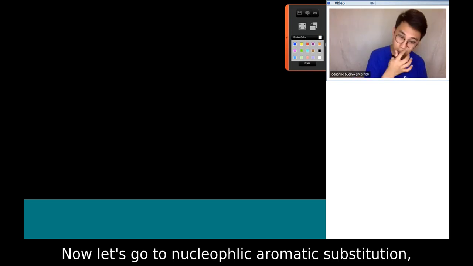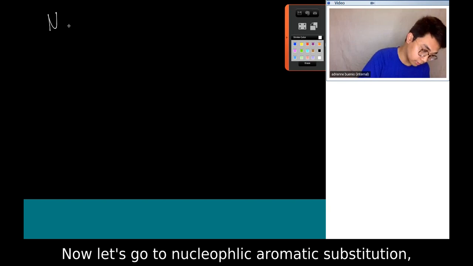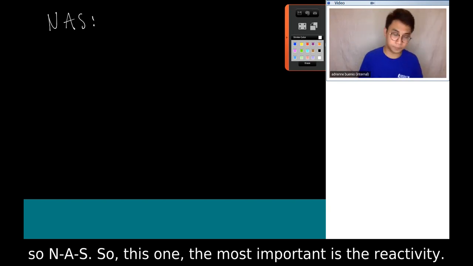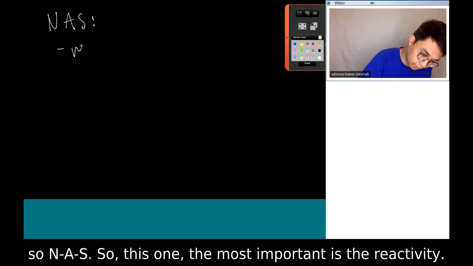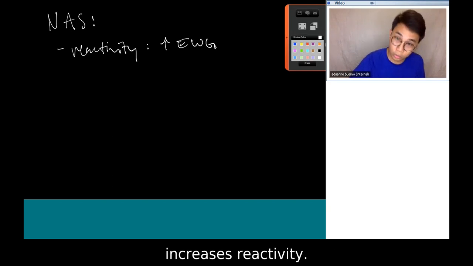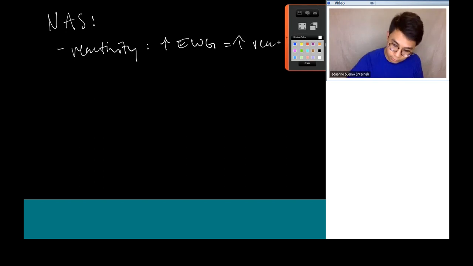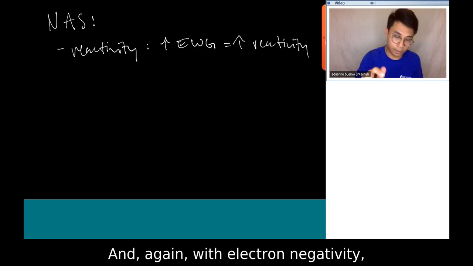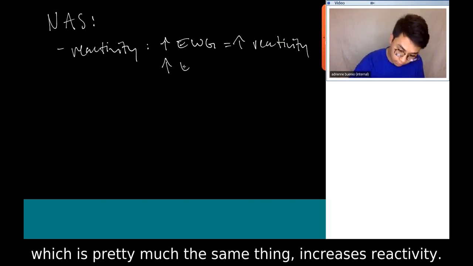Now let's go to nucleophilic aromatic substitution. So NAS. So this one, the most important is the reactivity. So reactivity increases as electron withdrawing groups increase. Reactivity, right? And again, electronegativity, which is pretty much the same thing, increases reactivity.